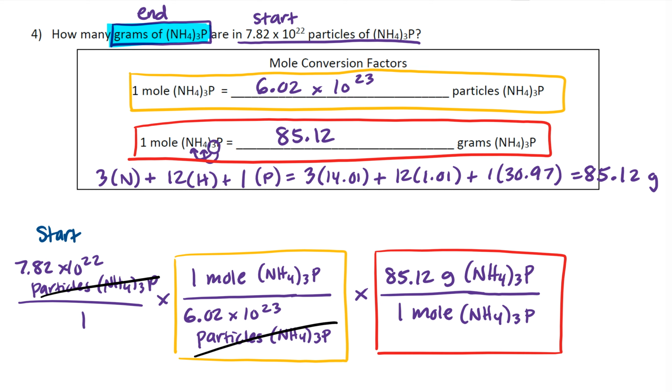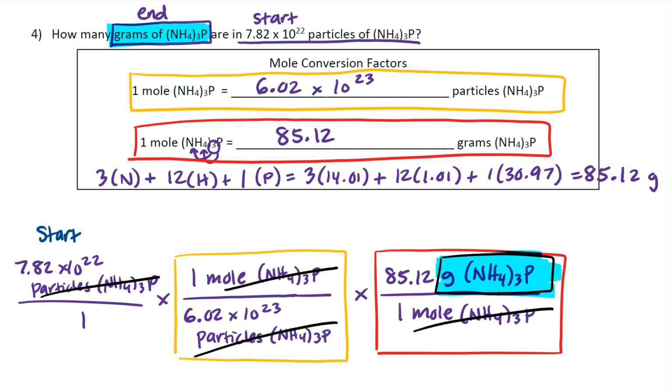My next conversion factor is the one that I've been putting a red box around, and that's because I need to convert these moles into grams of ammonium phosphide, and that's exactly what that molar mass, that red box, is going to do for me. So 1 mole of ammonium phosphide, moles cancel out, and I'm left with grams of ammonium phosphide here in the numerator. That's how I know that I'm done.